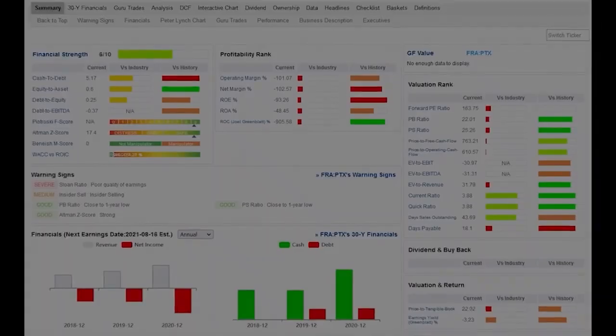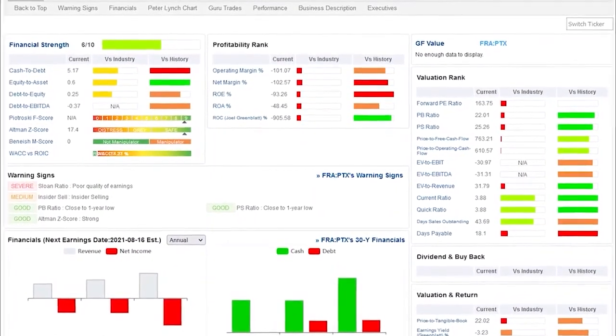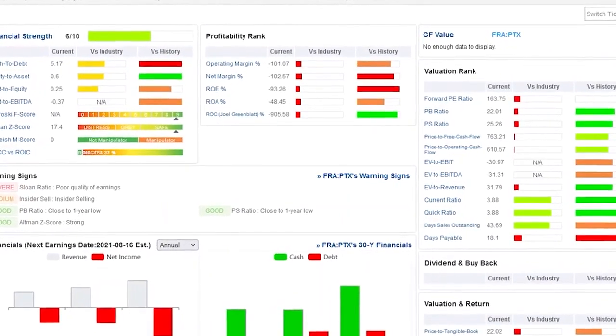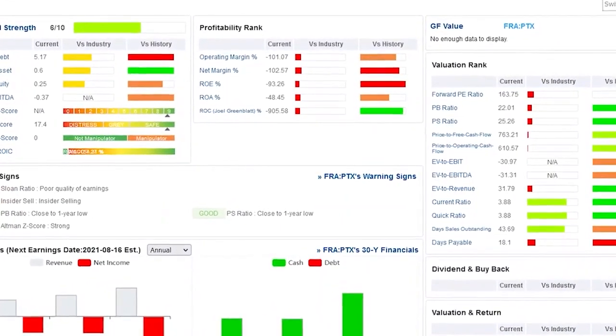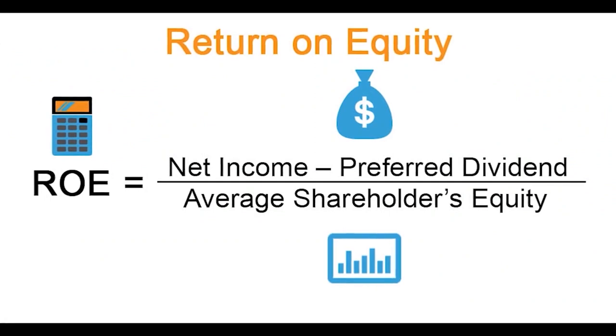Let's begin. Firstly, I would like to mention the most favorite indicator of Warren Buffett in order to analyze a stock, which is return on equity.